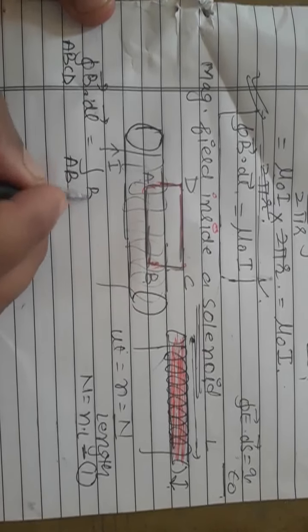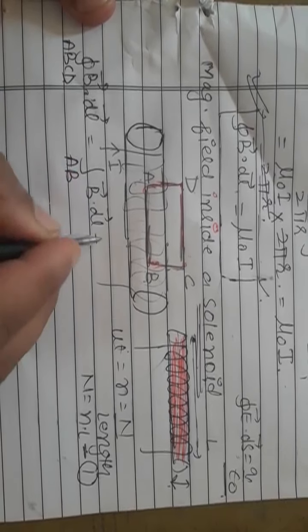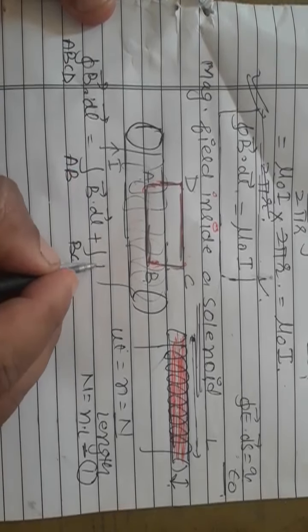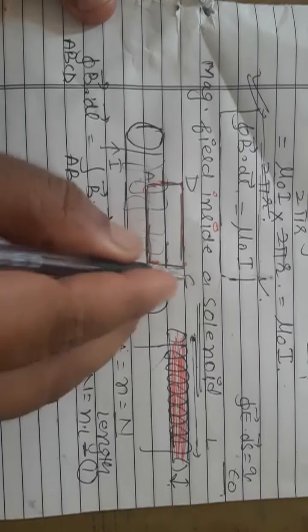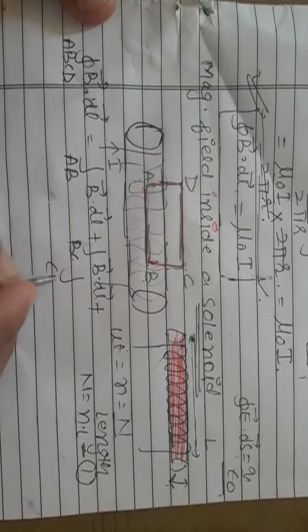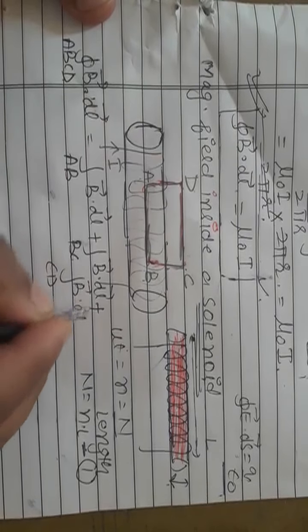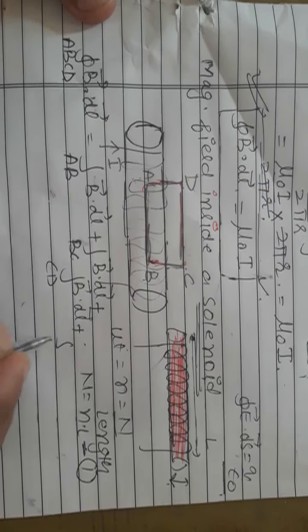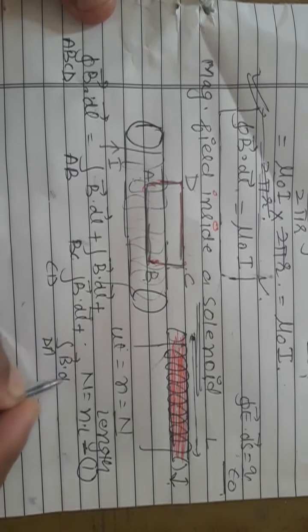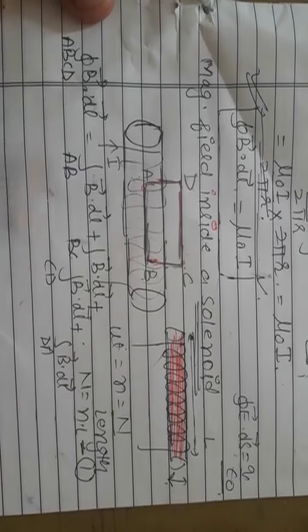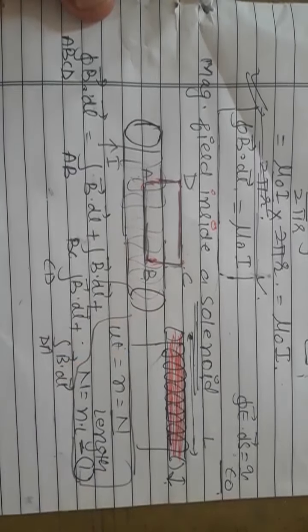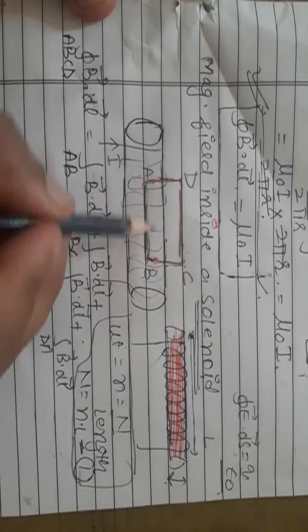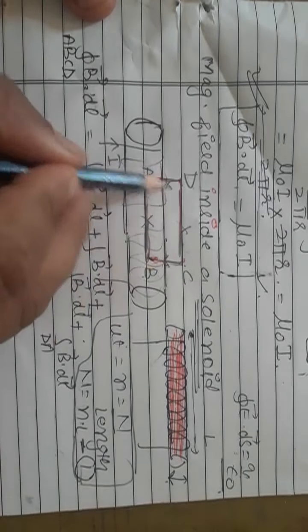First AB, B vector dot dl, plus next part BC, B vector dot dl, plus CD, and next DA, B vector dot dl. So we split this closed path into four parts: first, second, third, and fourth.